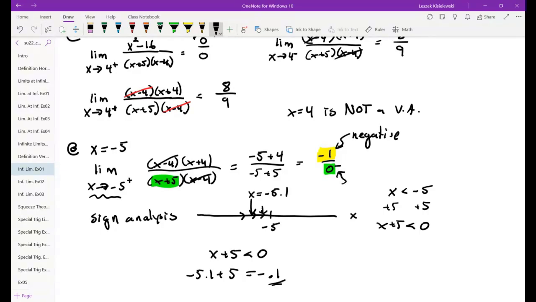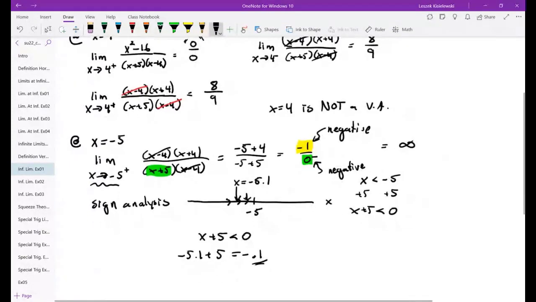All right, so the numerator is -1. The denominator is approaching 0, but it's slightly negative, right? It's approaching 0 from the left. So -1 over -0, so to speak, is, well, positive infinity. Yeah, negative divided by negative.